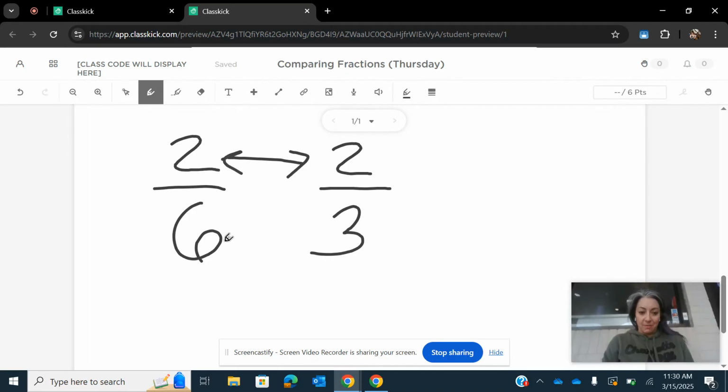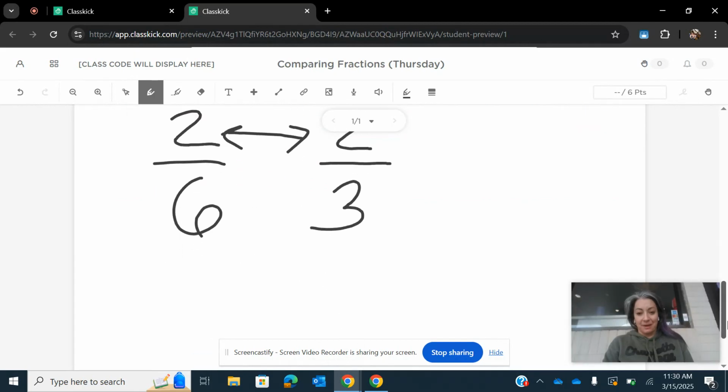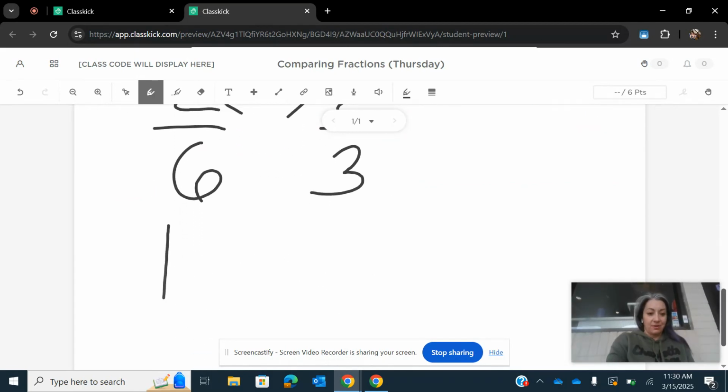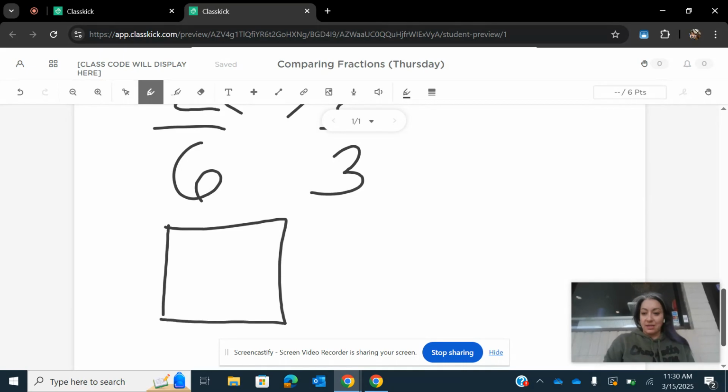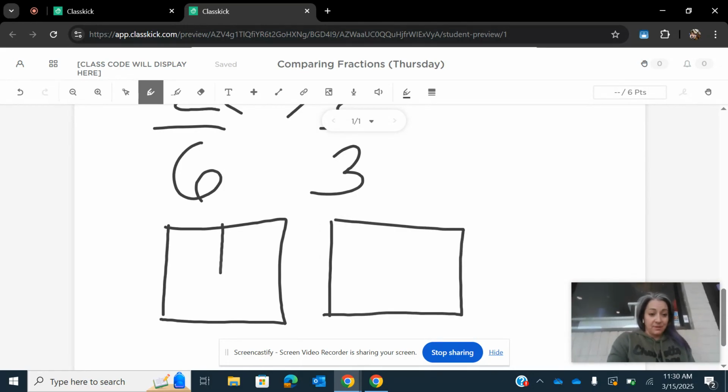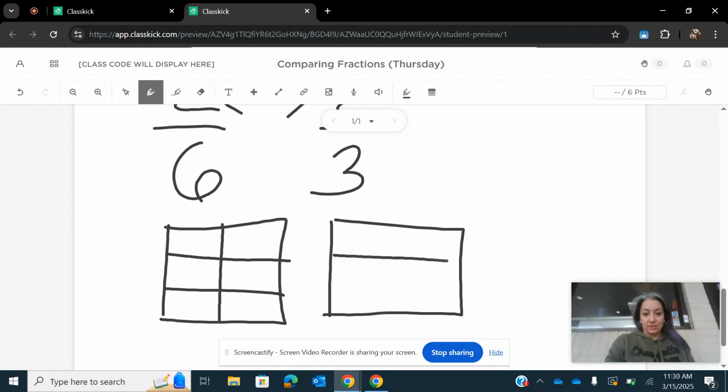So you can see over here, same numerator. This one has a larger denominator, this one has a smaller denominator, but when you're comparing, it actually is a little bit opposite. I'll show you what I mean, okay? So the easiest thing to do is to make 2 figures that are exactly the same size, and then I'm going to break this one up into 6 equal pieces, down the middle and across. This one I'm only going to break into thirds.